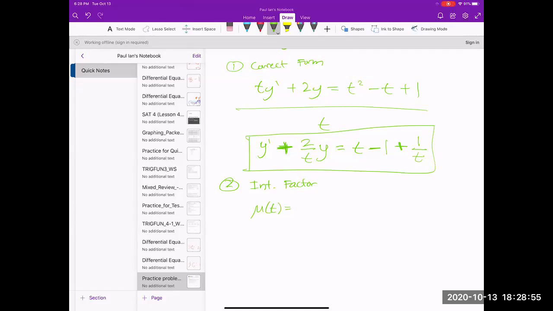So e to the integral, where whatever is the coefficient in front of the 0th order term goes inside the integral as the integrand. Then you simplify it. So that one would be e to the, and the integral is 2 ln t. You've seen this before. So that's your integrating factor.